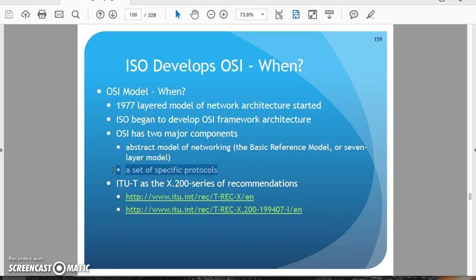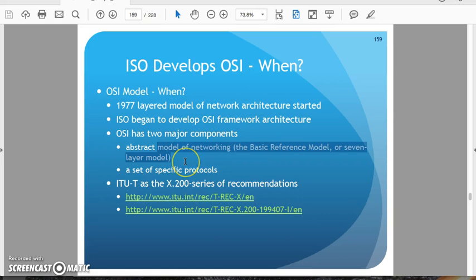The protocols were developed, but they were not really adopted. What ended up getting adopted was TCP/IP, which is now the default protocol stack that everybody uses. So the model was developed to try to standardize everything, but we ended up not using the OSI protocols. We ended up using TCP/IP.